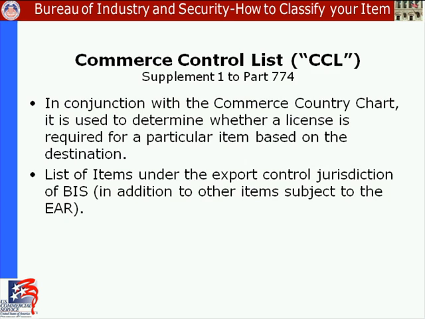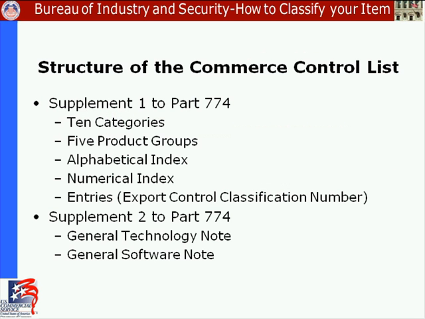We have an alphabetical index, which lists almost all the items controlled in the Commerce Control List. Then we have another numerical, or alphanumerical, index. That's a list of all the ECCNs inside the Commerce Control List.